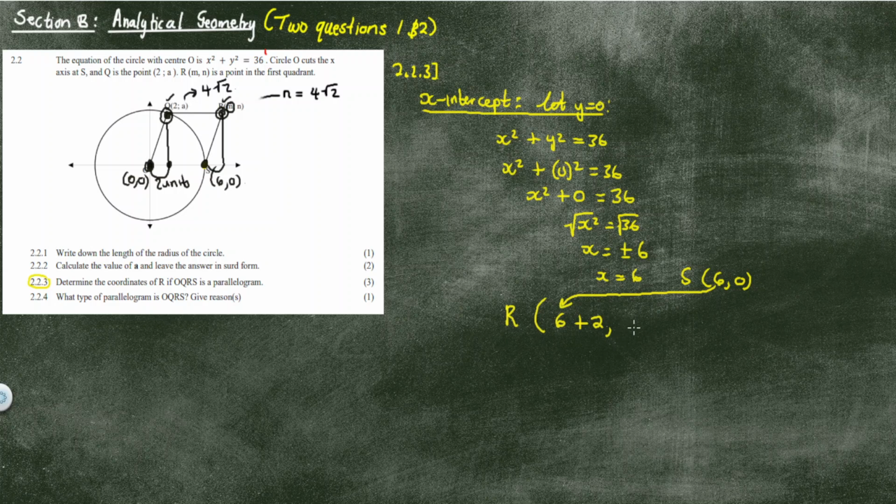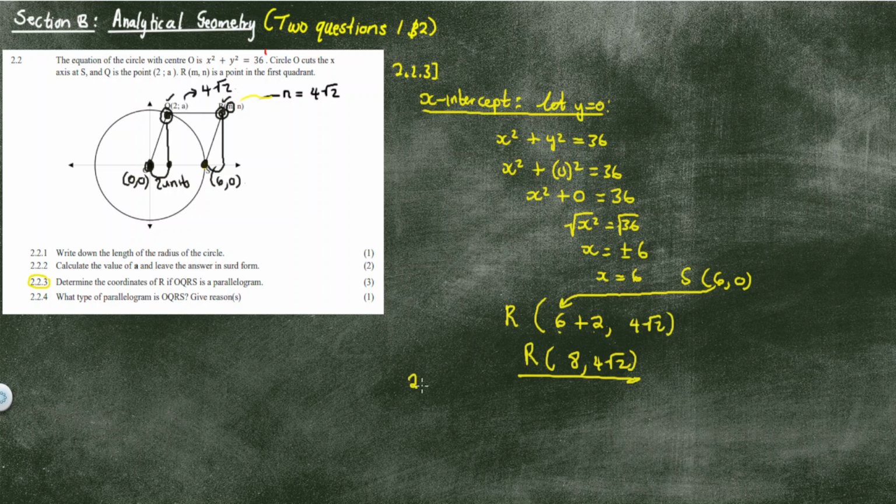The y coordinate of R is the same as A, 4 square root 2. Then R is 6 plus 2, that's 8, and 4 square root 2. So these are the coordinates of R.